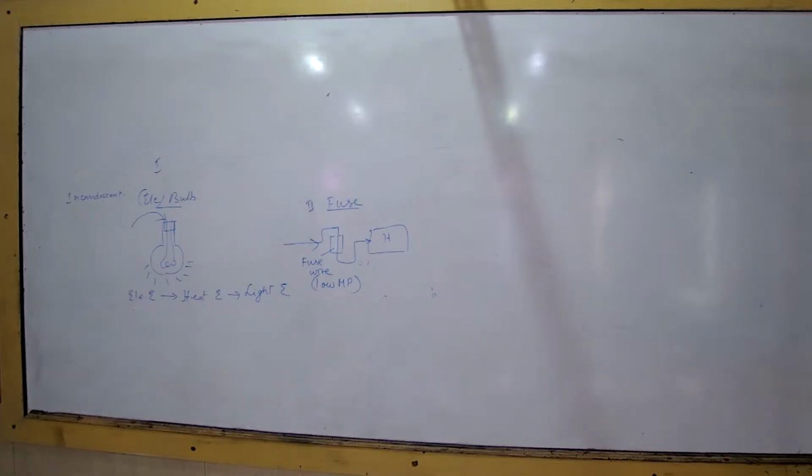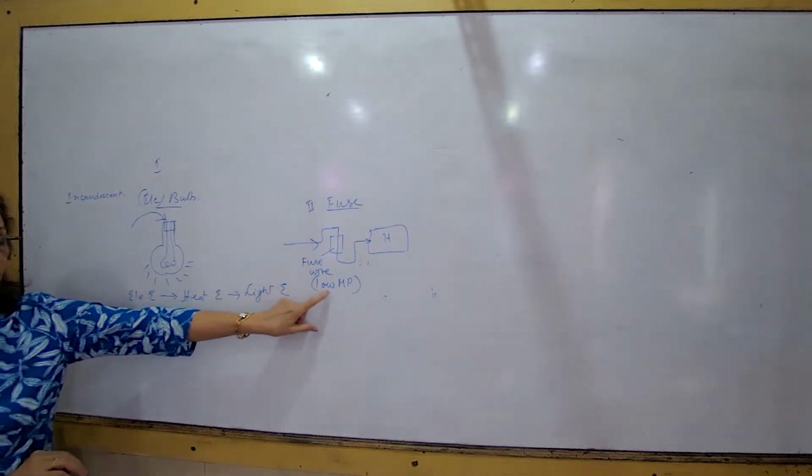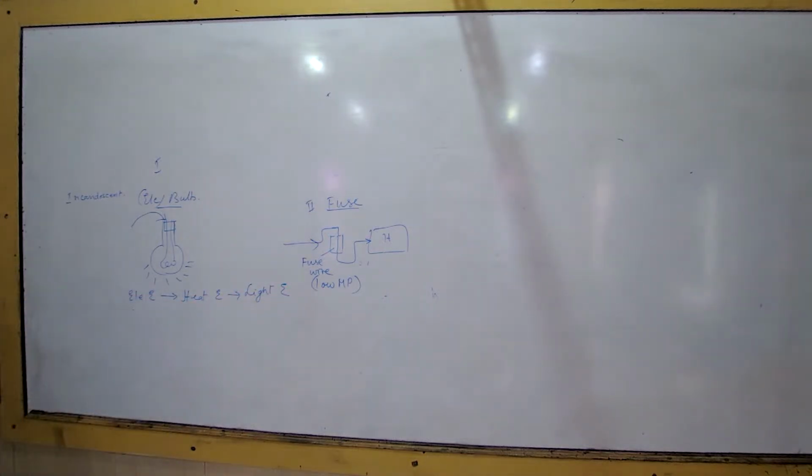Okay. Next point, what will you write? What is this fuse wire made of? An alloy or a metal having a low melting point. That is very important. For tungsten, you should have a high melting point, but for fuse wire, you should have a low melting point.